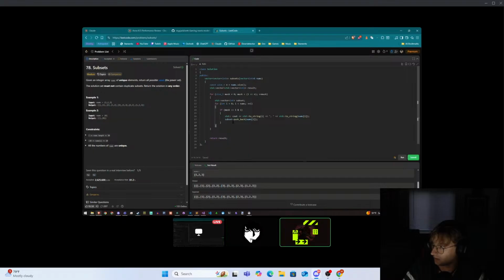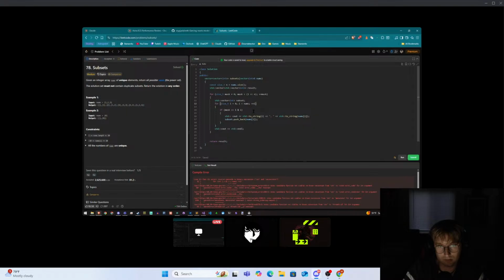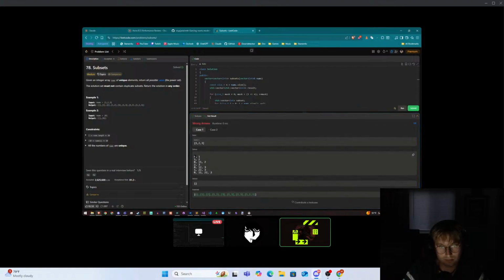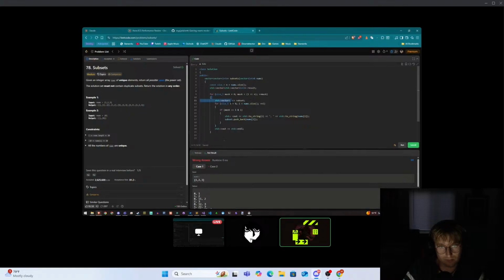This should be size_t, nums.size(). Then if I run it, you can see we have 0, and I'm not adding this subset to the overall result here, so it's going to say that it's wrong.